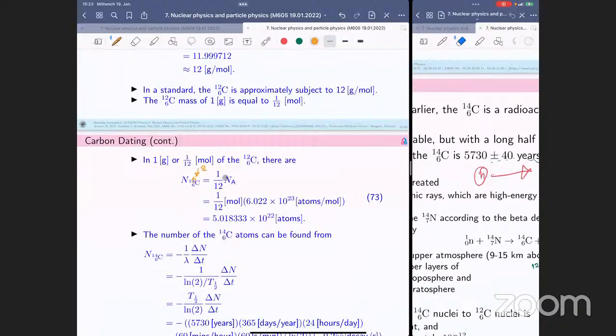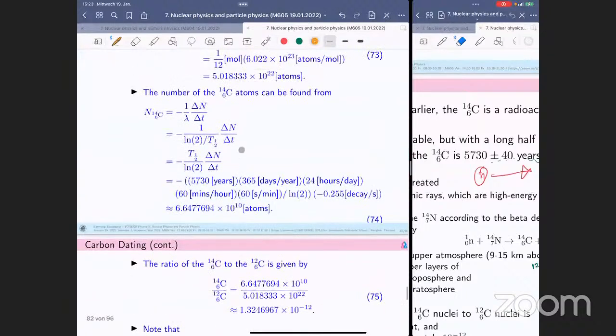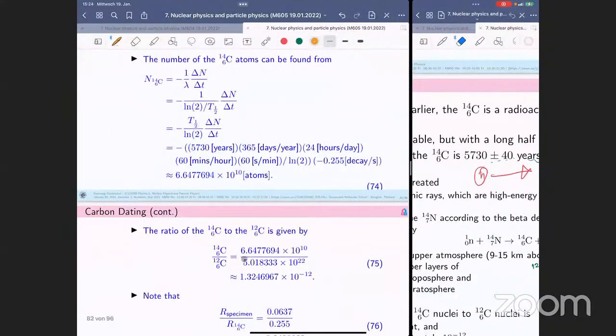This one will be carbon 12, and this is the amount of carbon 12 we got from only a part of the Avogadro number, right? We divided Avogadro by 12. We got this one, and this is the carbon 14, which is computed from the decay process. We take the ratio between carbon 14 and carbon 12 in terms of nuclei or atoms, right?